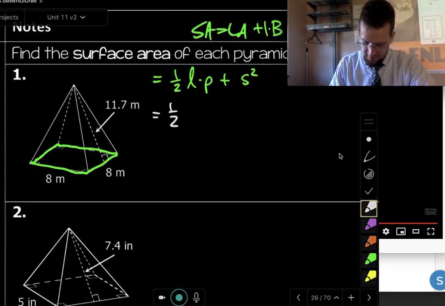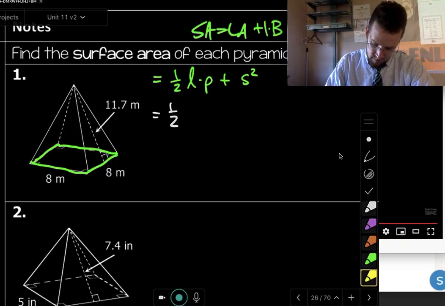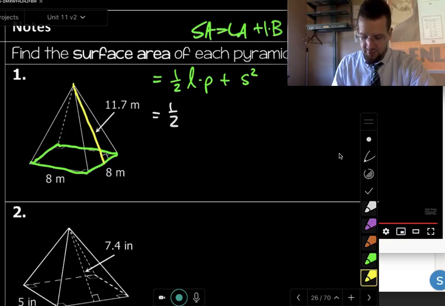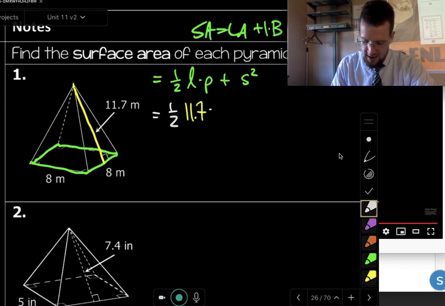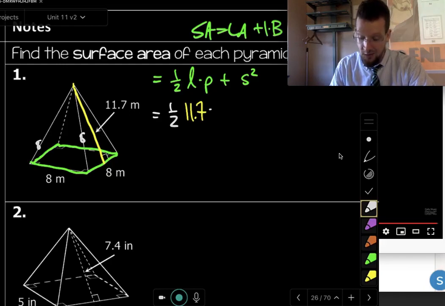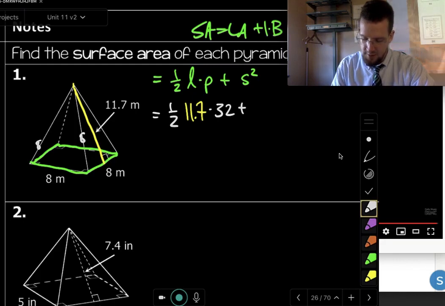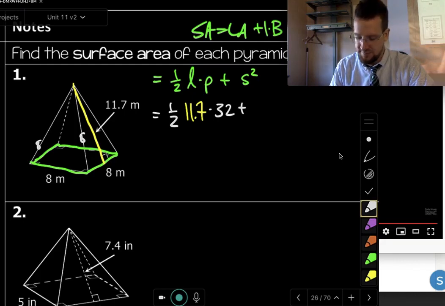So 1/2, the slant height here is 11.7. The perimeter is 8 plus 8 plus 8 plus 8, 8 times 4, this is 32. Plus the side squared, because it's a square, and that's how we find the area of the square.